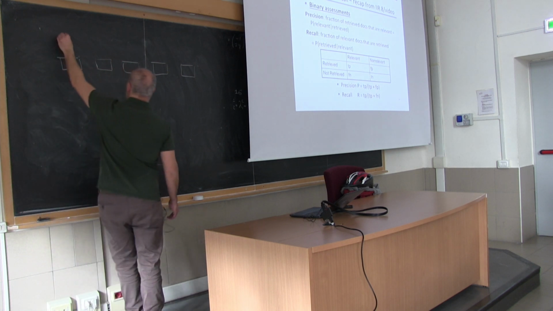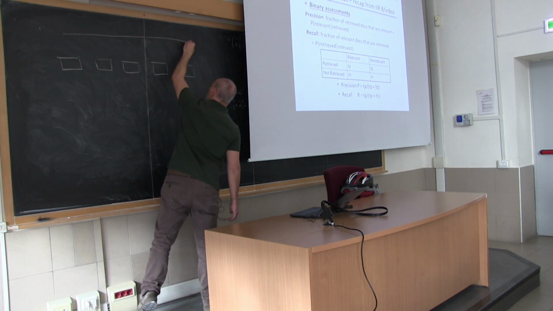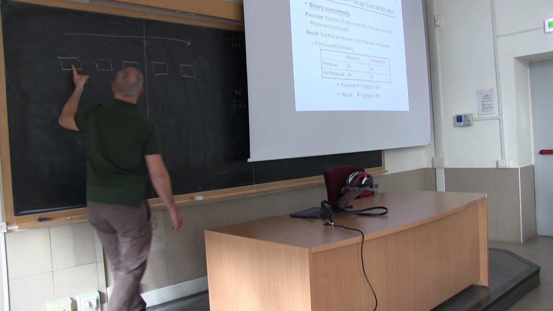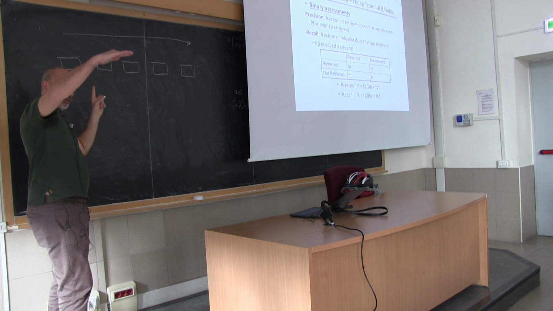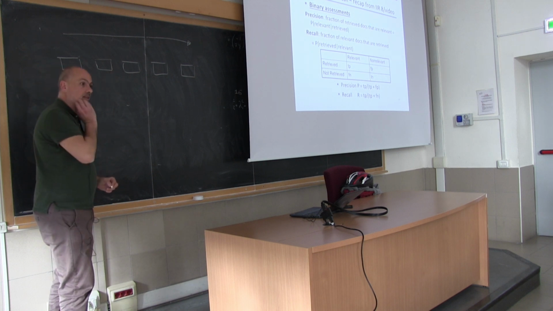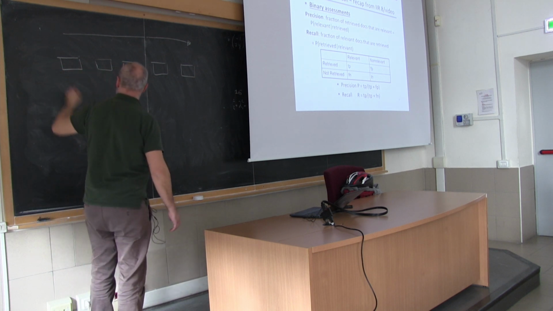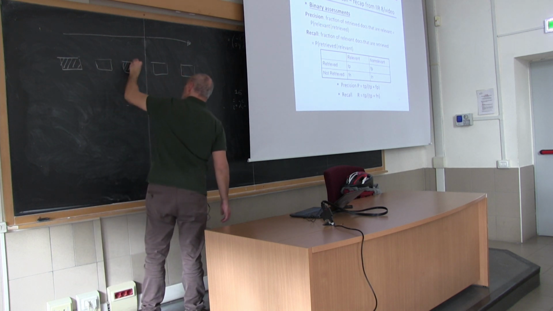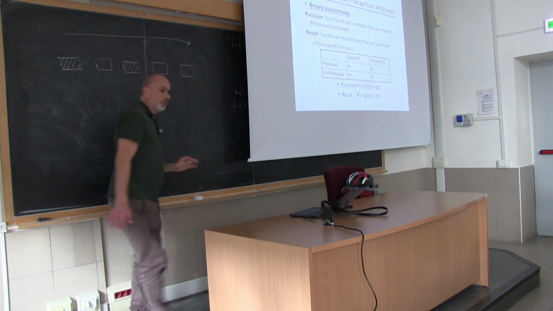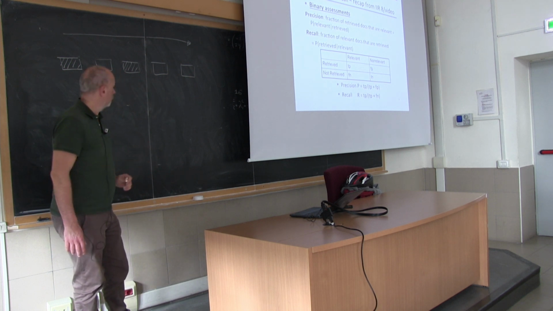So let's say this is the ranking. This is, for example, the top document in the results list, the one you see first, this is the second, and so on. Now, let us assume that this document is relevant for the query. This is relevant. I'm just speaking of binary relevance here.